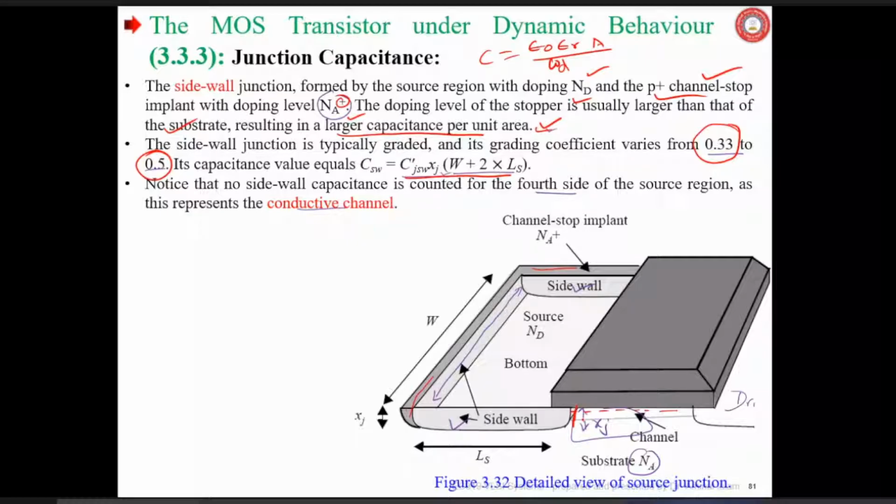So this thing you understood, this equation for CSW, the sidewall capacitance. Yes, sir, understood. It is nothing but area. This portion, Xj into W, is the area of which plate?